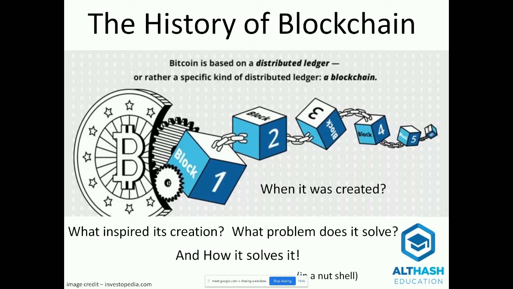I also recommend, as a non-mandatory reading assignment, that you read the Bitcoin white paper. A white paper is a detailed report about a project, giving an overview and details of how something works.